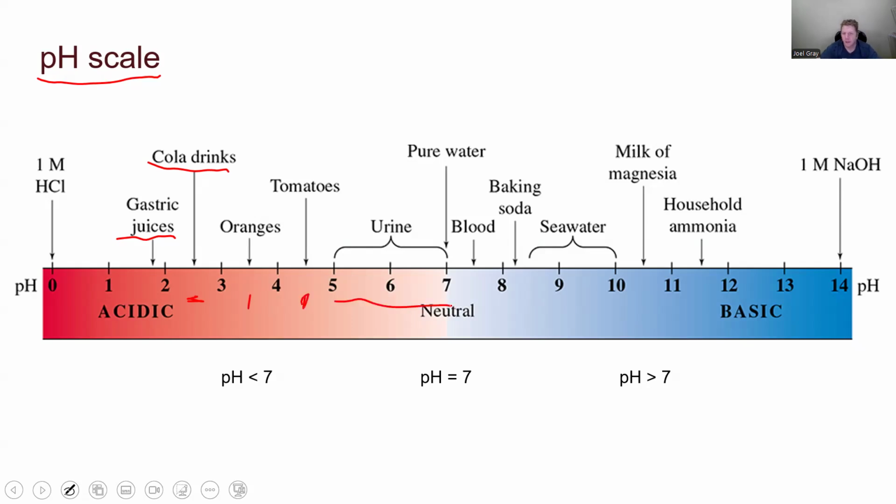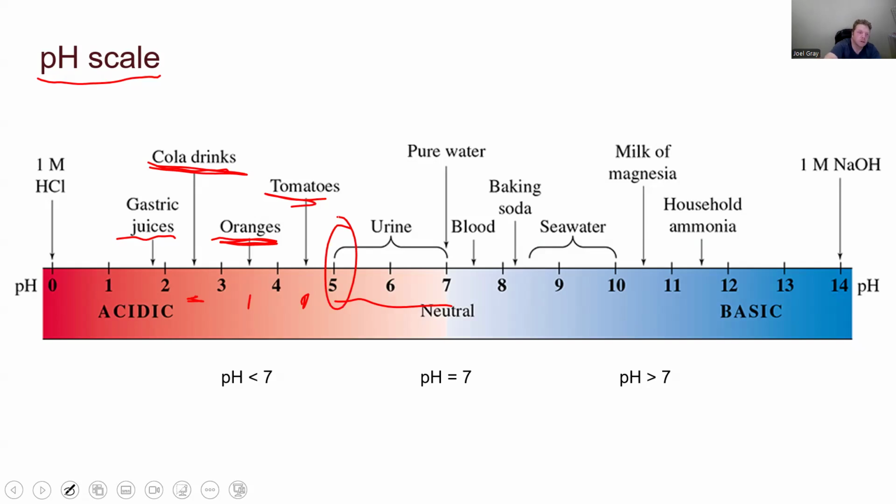Urine has a pretty broad range of acidity, which when you think about that, for every single thing that you drink, whether it's a soda or water or a beer or anything else under the sun, tea, if you drink a soda and then you eat a bunch of oranges and tomatoes, your urine is probably going to be a little bit more acidic.